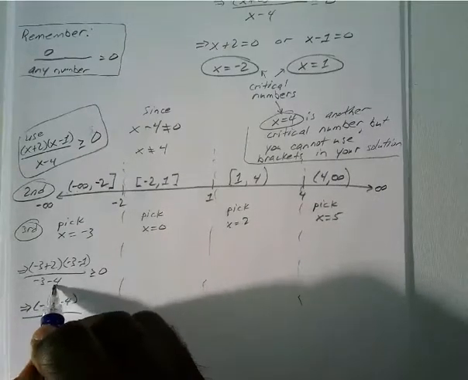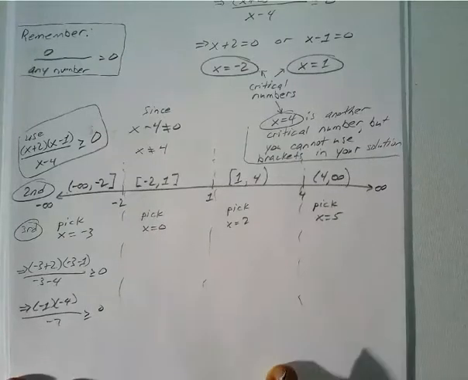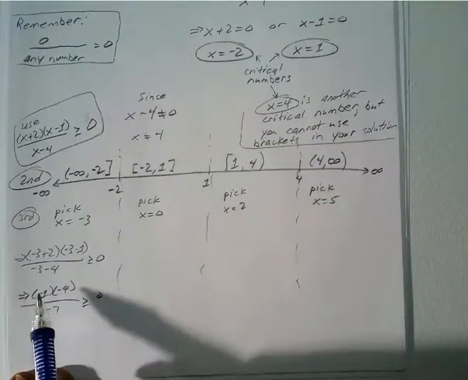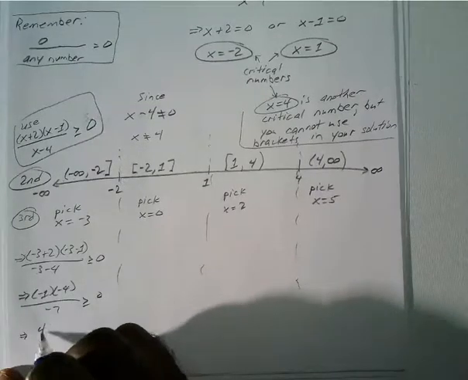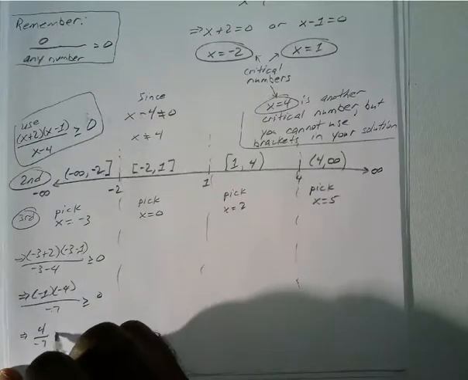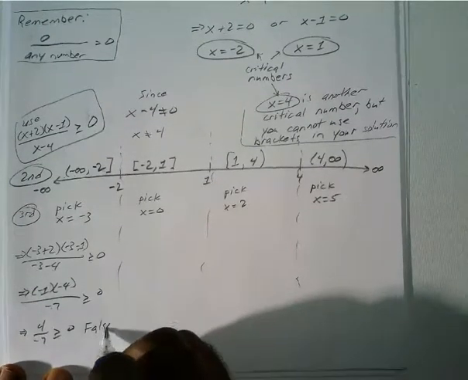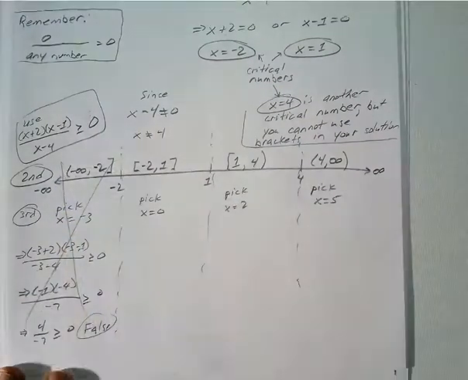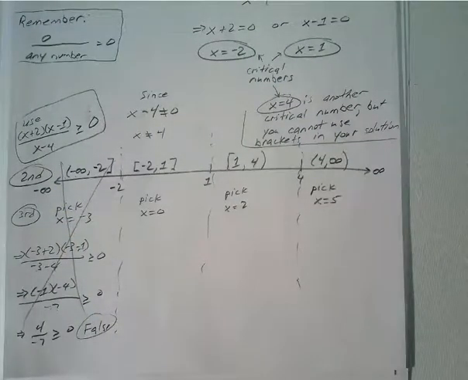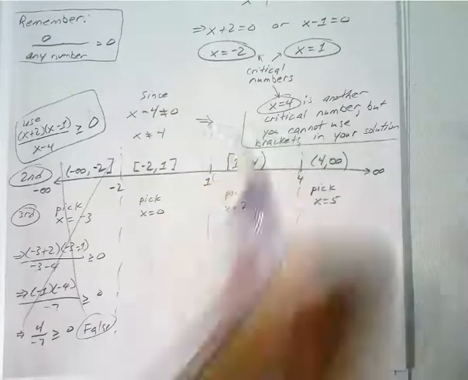Negative 3 minus 4 is negative 7. Negative 1 times negative 4 is positive 4 over negative 7 is greater than or equal to 0, which is false. Okay, so we know that this is not part of our solution interval.